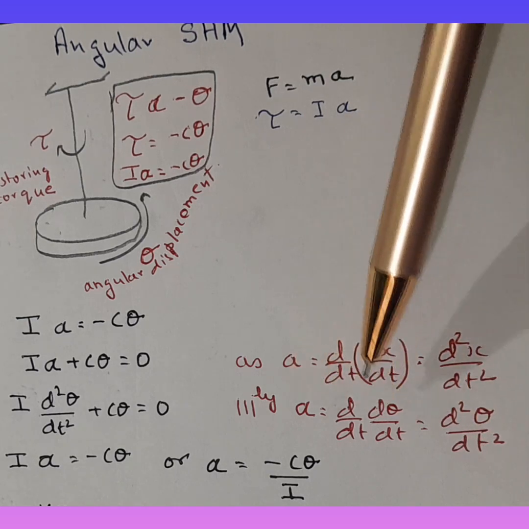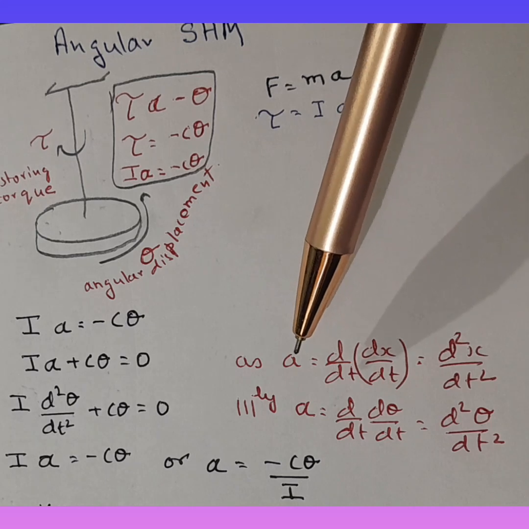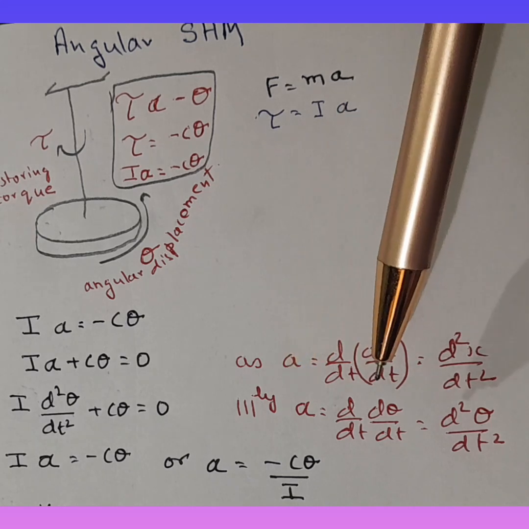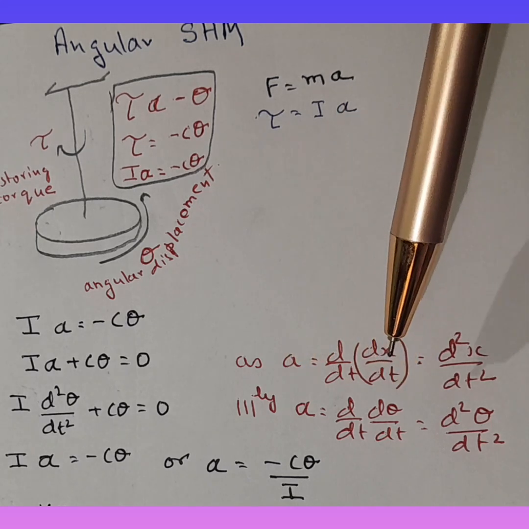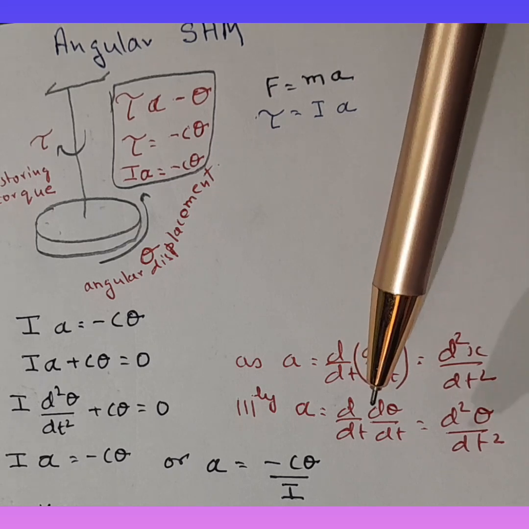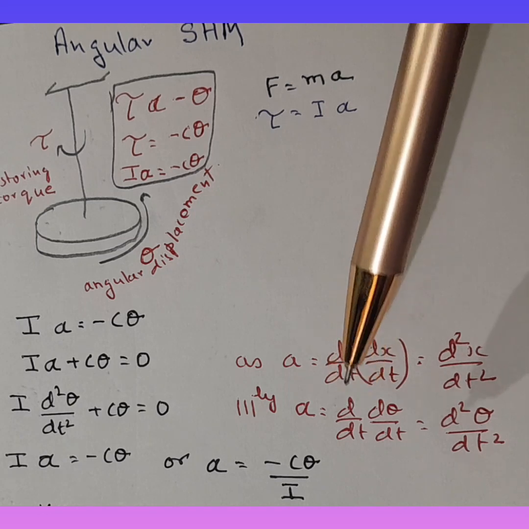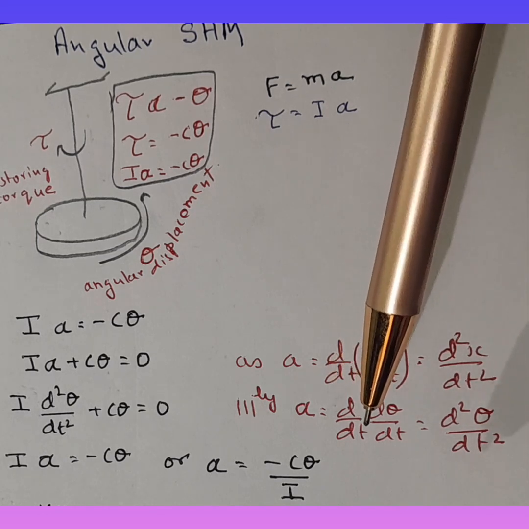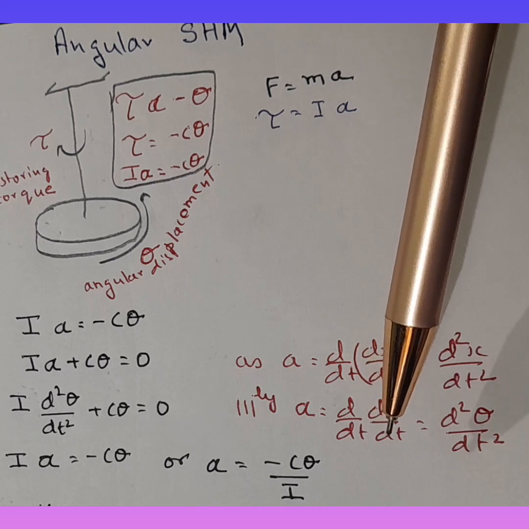So it's just analogous. It becomes easy for you whenever you are going into rotational motion if you compare it with linear motion, because linear motion we have been seeing earlier. So when we get exposed to rotational motion, just apply the same theory of linear motion and its analogy to rotational motion. All right.